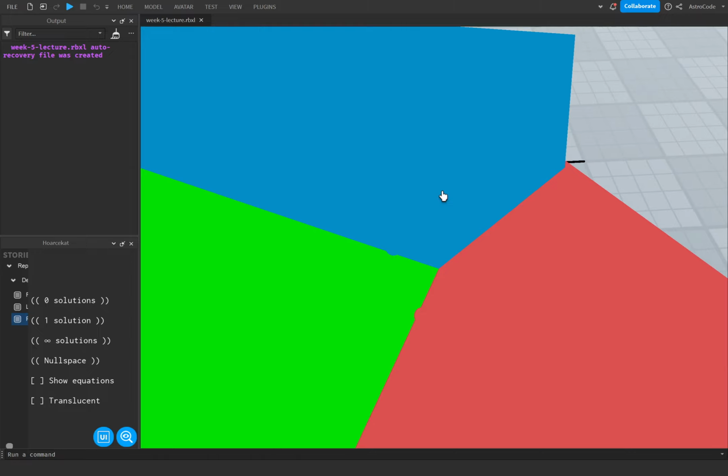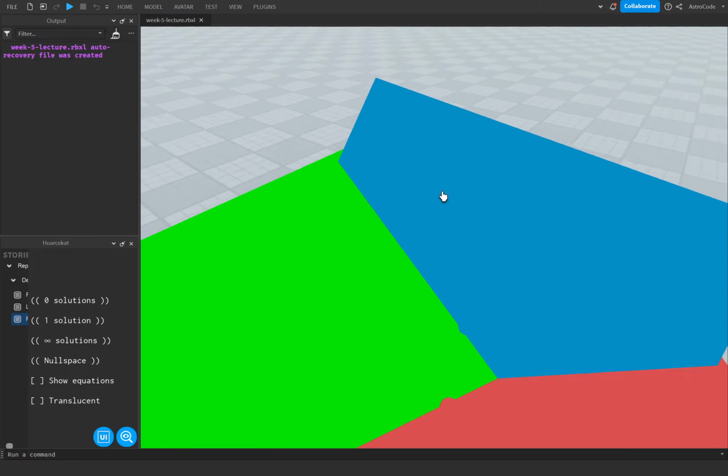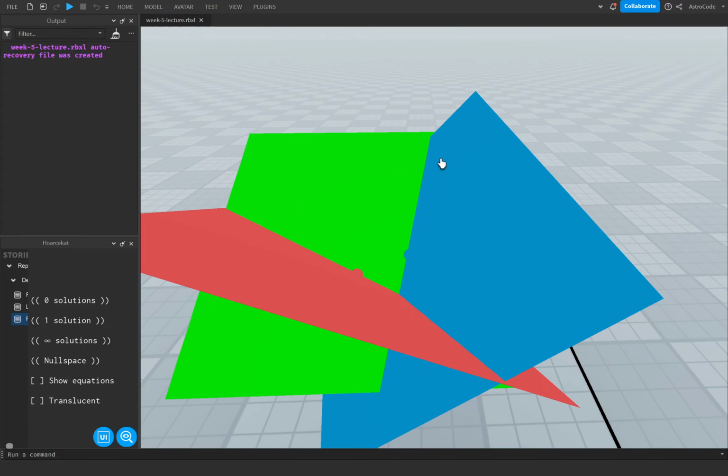So there's one solution. And what happens when we do row reduction is you're going to see these planes rotate. When we do row reduction, we are literally changing the planes. You're going to see them rotate and move, but what we're not changing is the set of solutions.